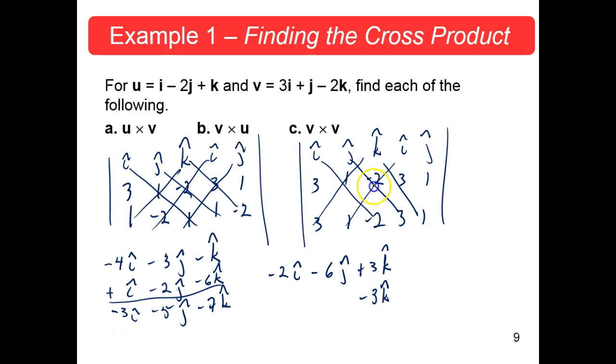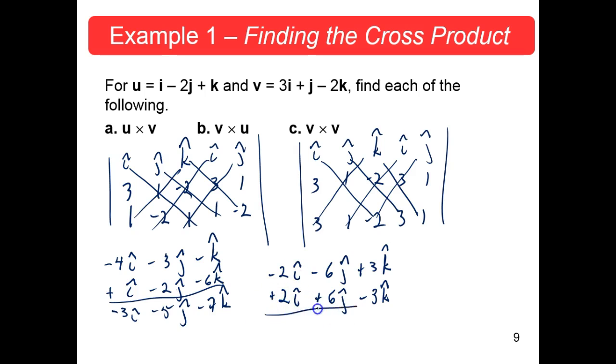And then the next up diagonal is this one, and the product is negative 2, but since you're going up, it's the opposite of that, so plus 2i. And then the last one is a minus 6j, but because it's going up, that becomes a plus 6j.